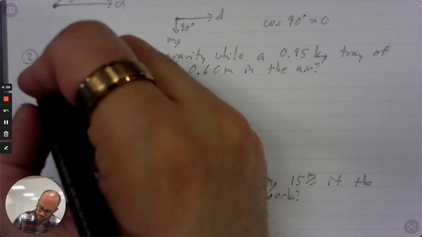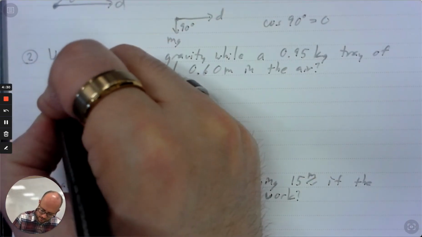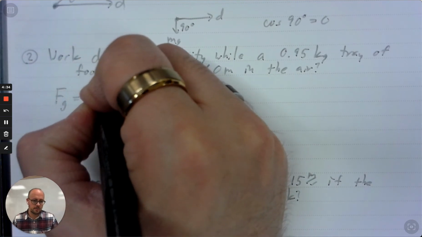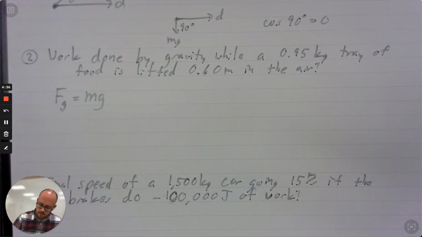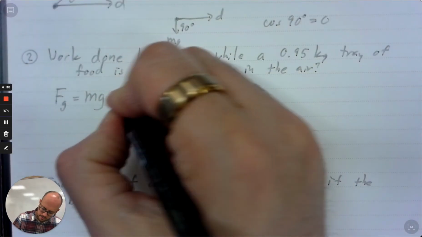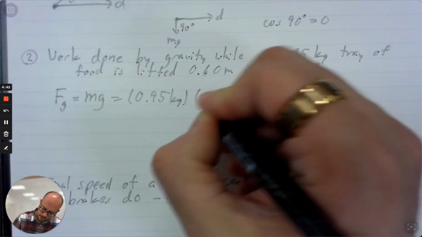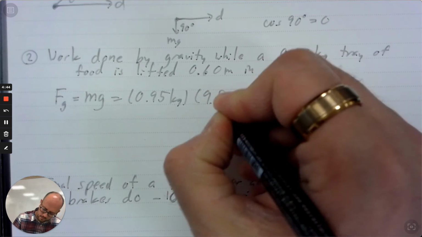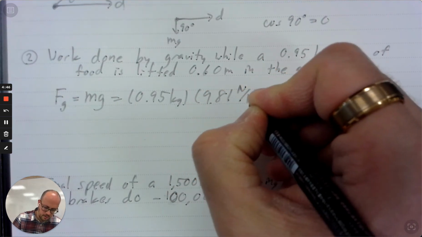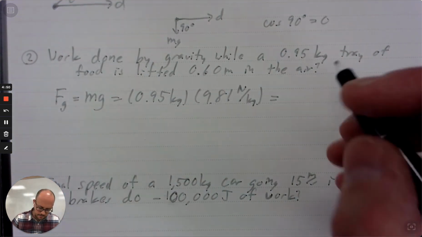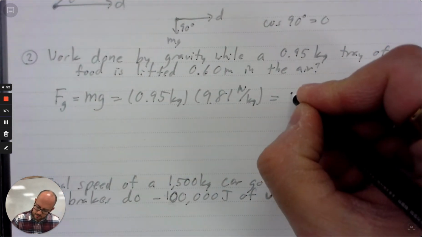And so I can calculate the force of gravity. Gravity does work with the force of gravity, and that's great. I can plug in the mass of the food tray and our value of little g, and I would get a force of 9.32 newtons.